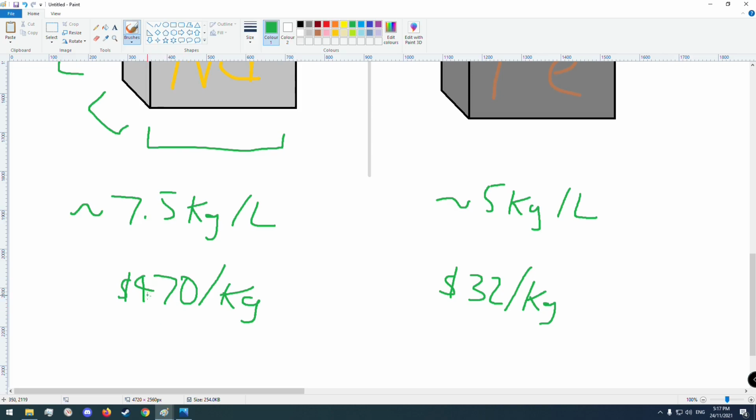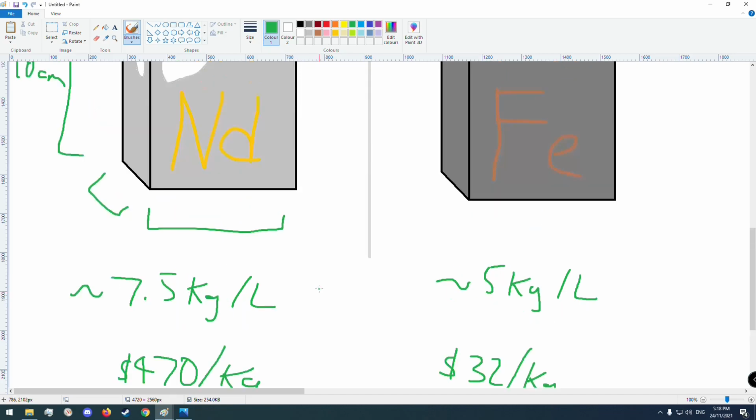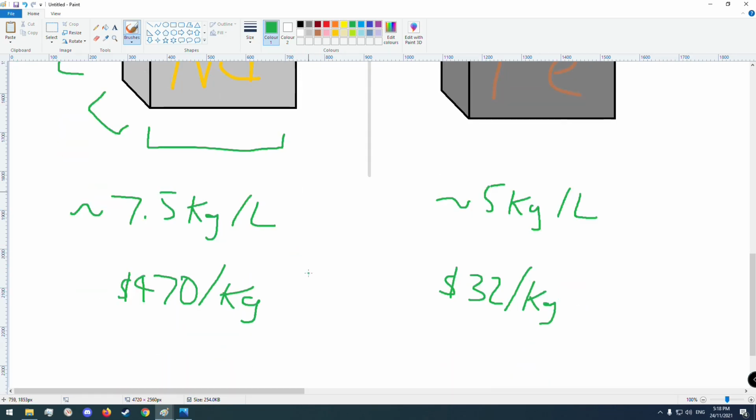So you'll just have to take my word that on average, neodymium magnets cost say around $320 per kilogram, and an iron magnet weighs closer to $24 per kilogram. These are just arbitrary numbers that I found, but the main thing to take away from this is per kilogram neodymium magnets cost about 15 times more. So yeah, neodymium magnets are pretty damn expensive.